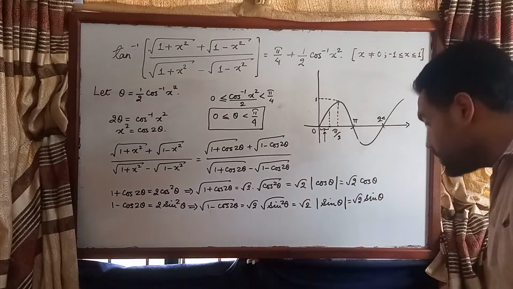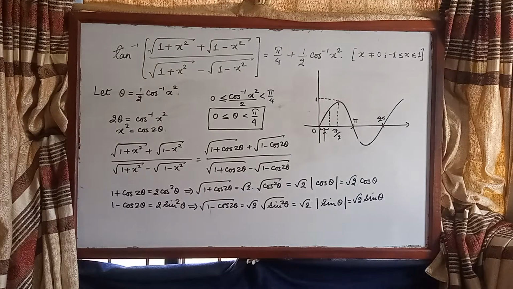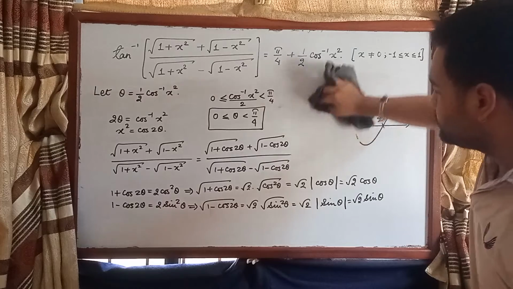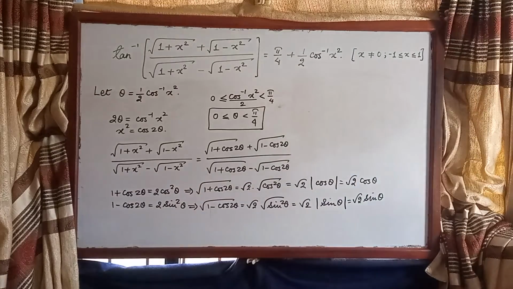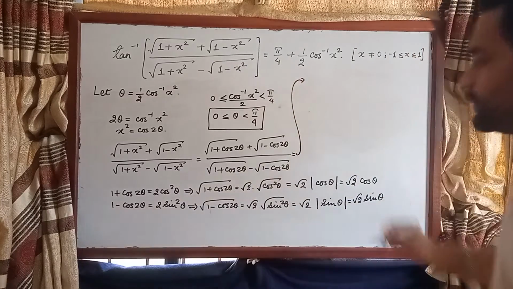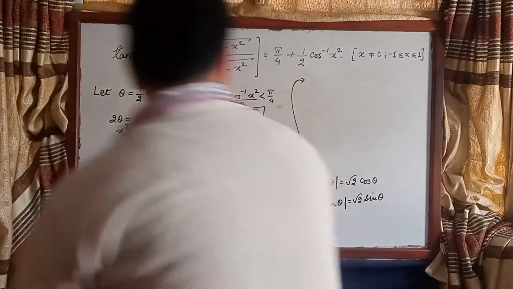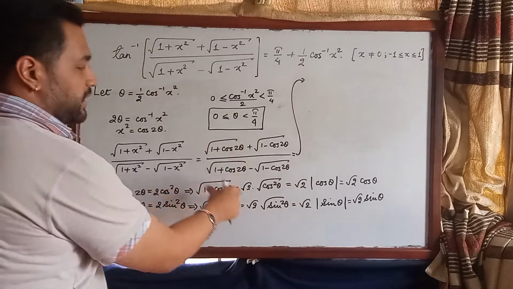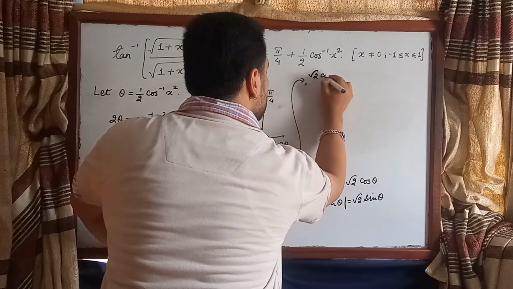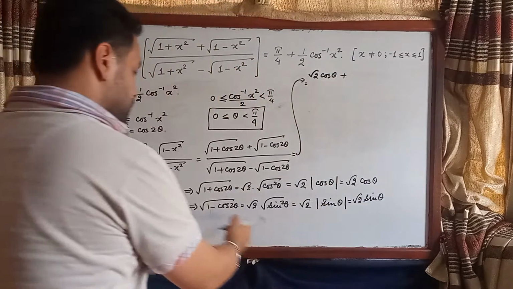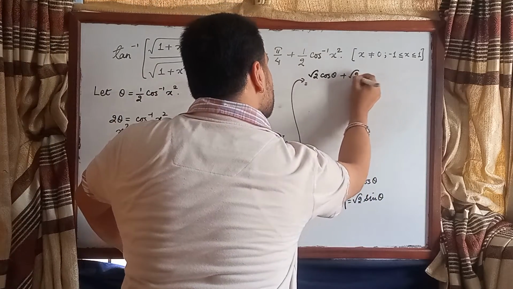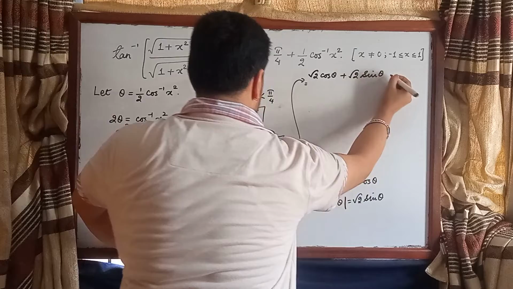Now let's use these in the identity. Let's continue from here. This thing right here is square root of 2 cosine theta plus this thing, which is equal to square root of 2 sine theta.